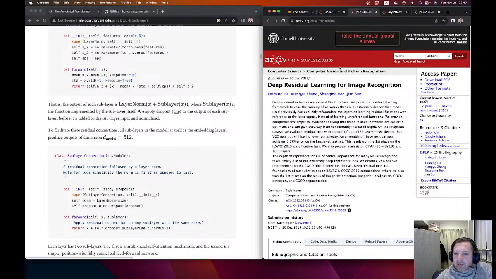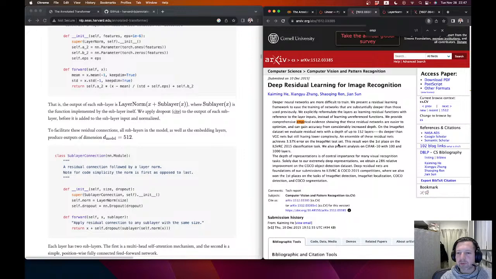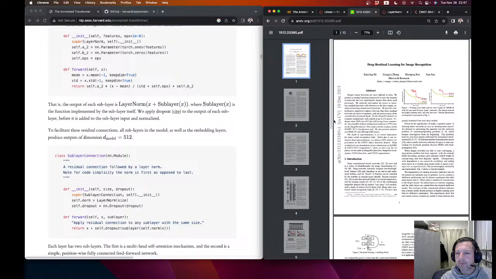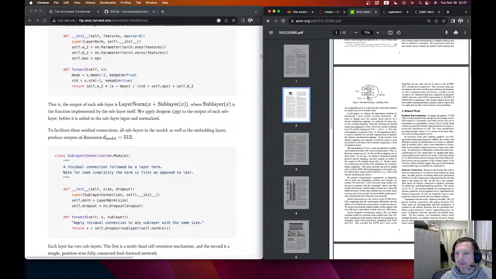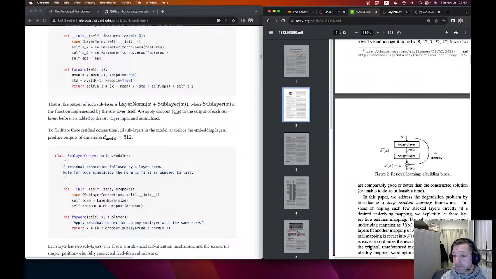Well, it says here they have empirical evidence that this is easier to optimize and gains accuracy. So, without reading this paper now, I guess we just have to take that as it says here. I don't want to go through this in detail now, but this is basically what it says here, right?